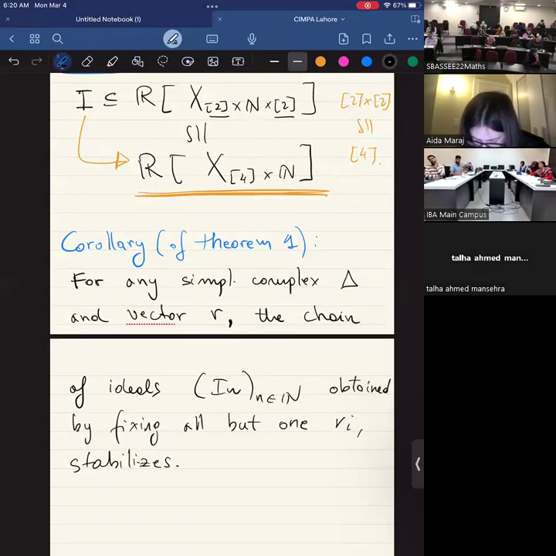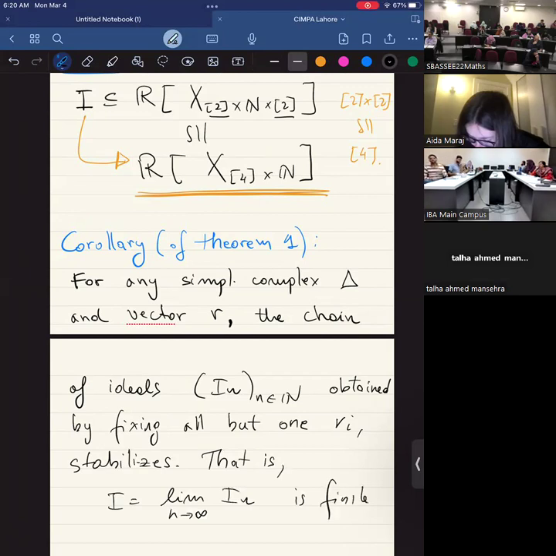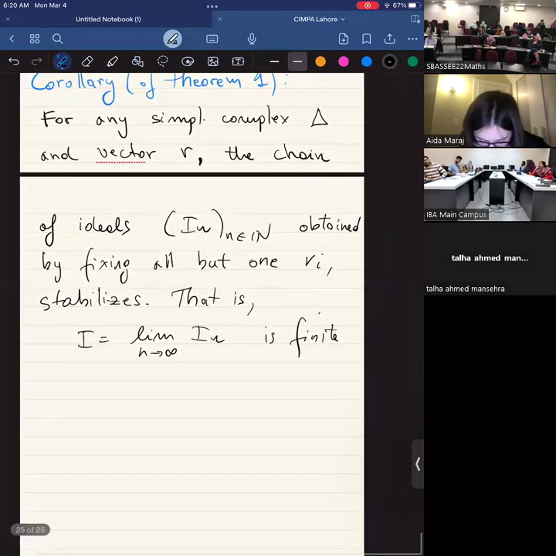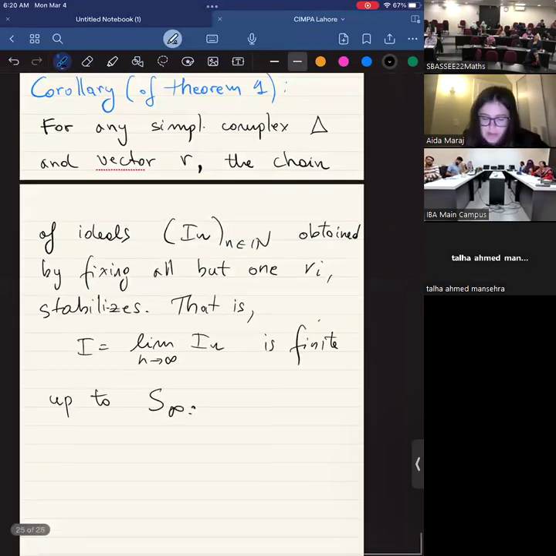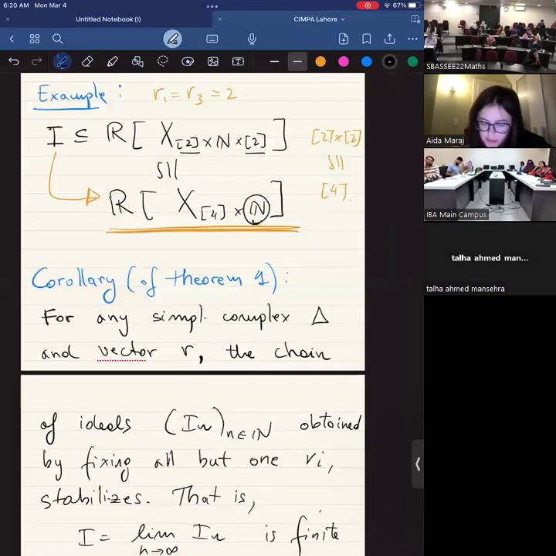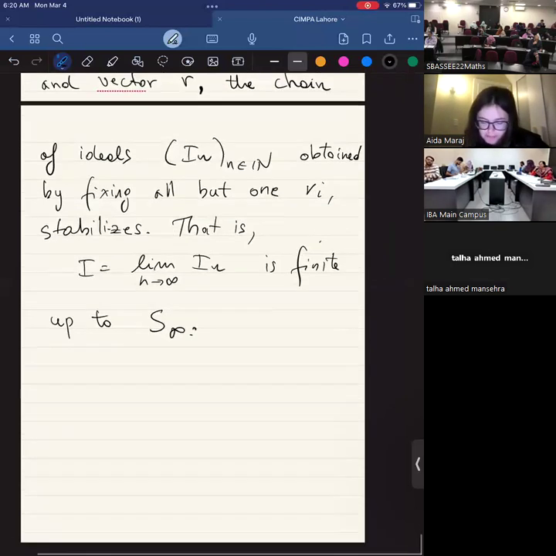So that is the ideal I is finite, up to just S infinity, because we had only one in this case when we let only one vary.